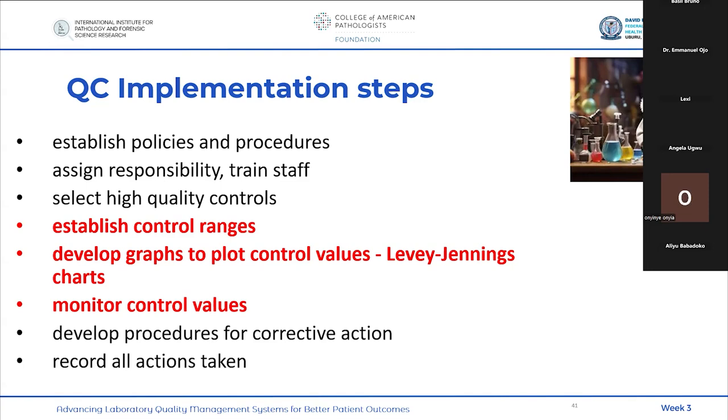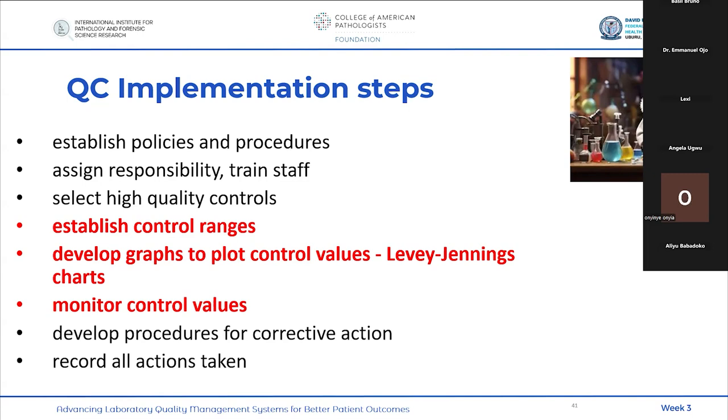One thing is that at times you assume that people should know how to carry out a particular responsibility. But it has been proven, of course, that you don't assume that people are knowledgeable about a particular procedure until you have trained them and you have records of training, you have records of competency assessment that this person is competent to carry out this particular duty.